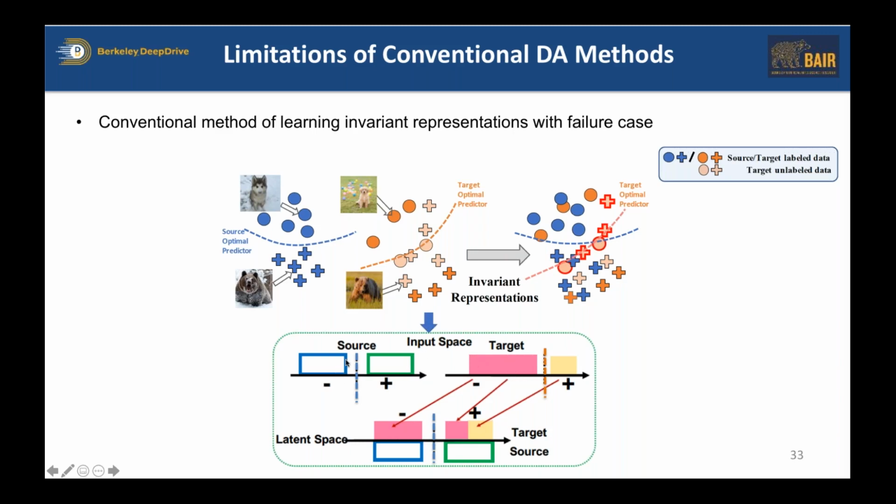For example, if your source data has 50% negative and 50% positive, and your target has 80% negative and 20% positive, if you just force the source and target to have invariant representations, they may force some target negatives to be predicted as positive samples. So there will be some large error, 30% error in this case.